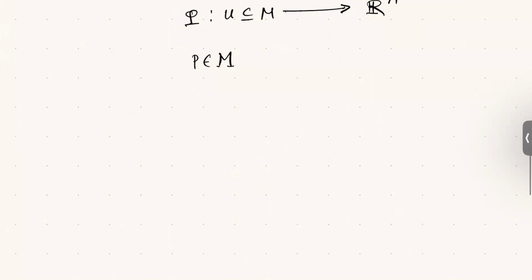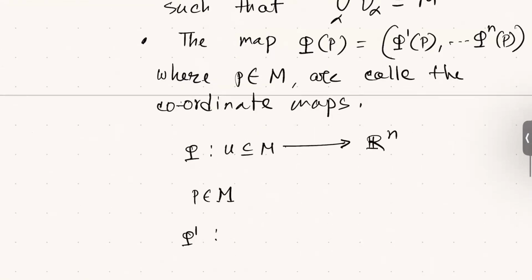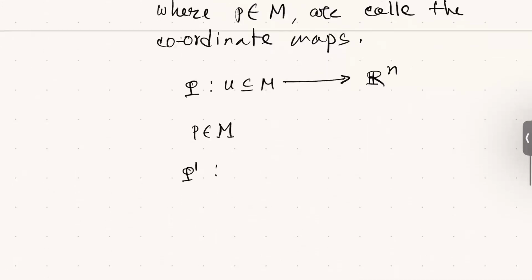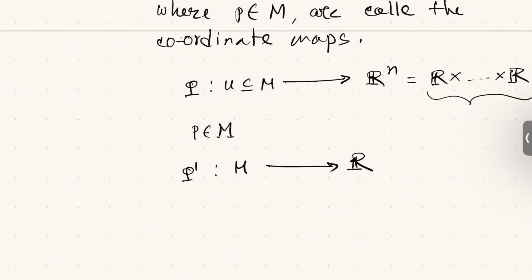Those phi i are mapped from M to the real numbers, because Rn is an n-fold Cartesian product of real numbers.